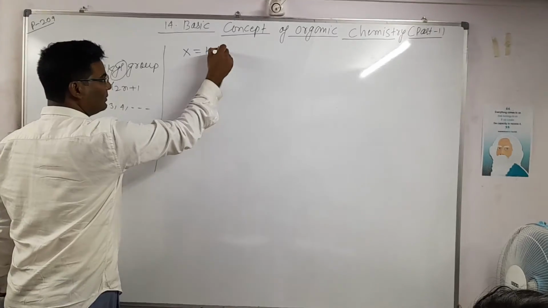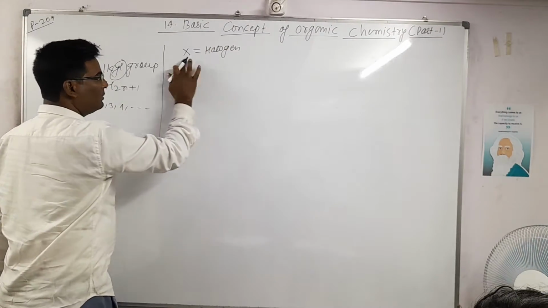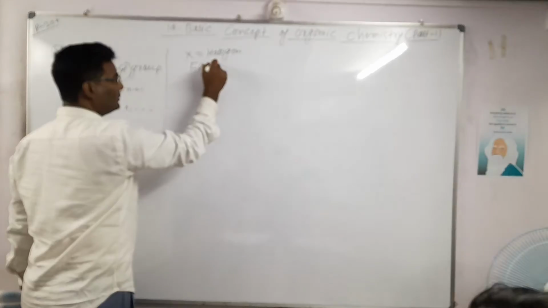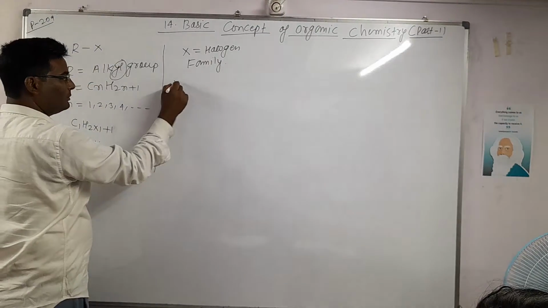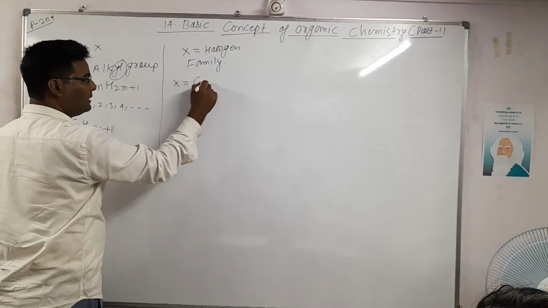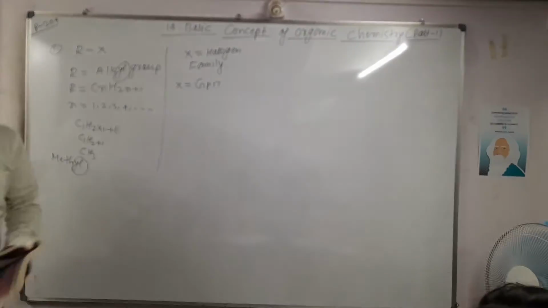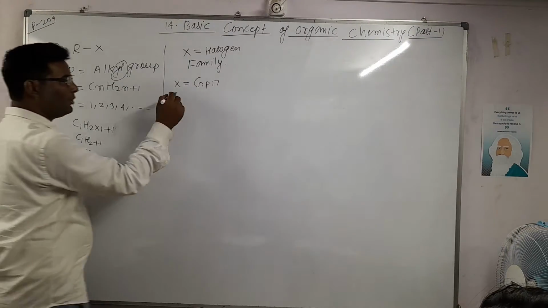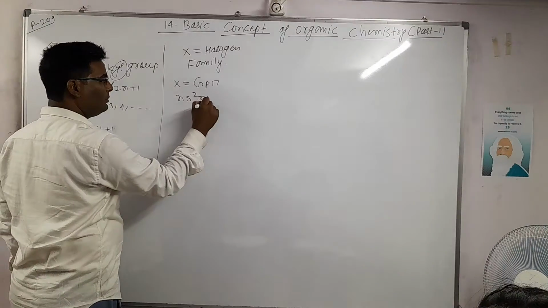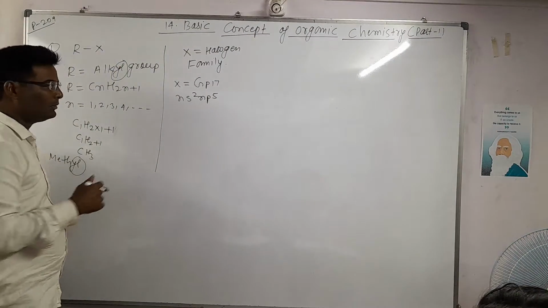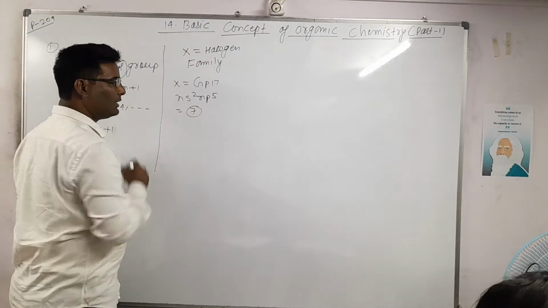So X is your halogen family. तो ये ग्रुप 17 में आता है, राइट? तो इसका जनरल फॉर्मूला क्या होता है ग्रुप 17 का? ns2 np5, बराबर। लास्ट ऑर्बिट में कितने इलेक्ट्रॉन्स होते हैं? 7.